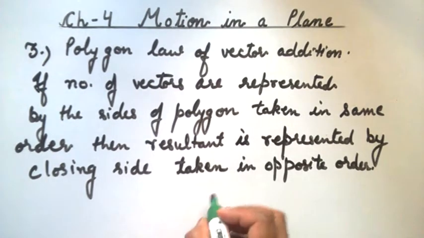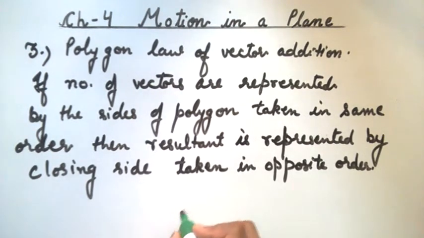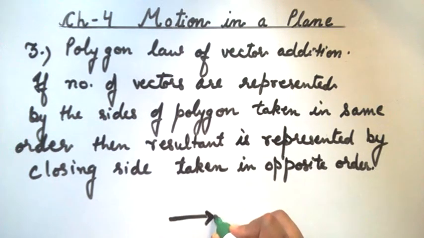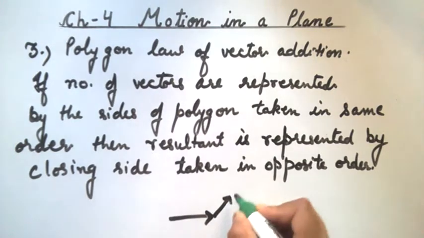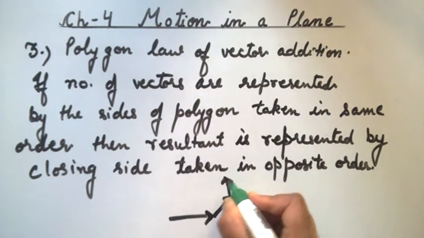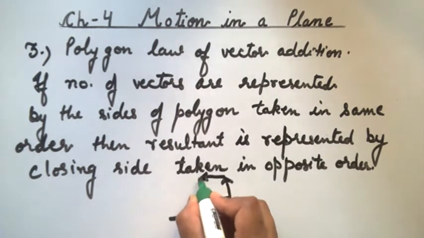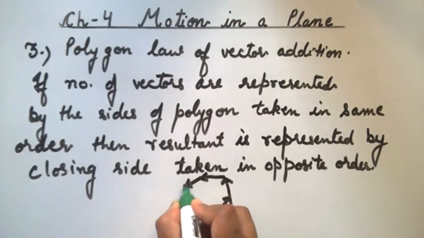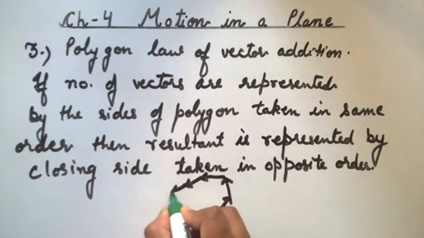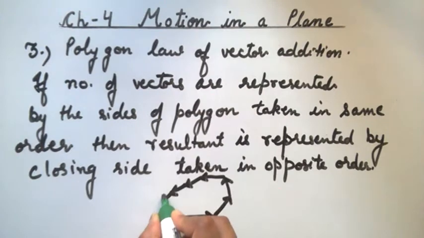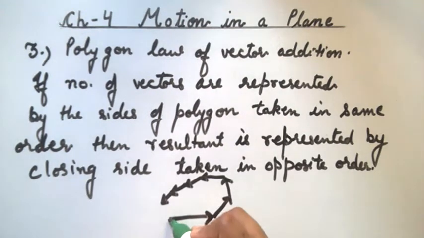That is, if there are a number of vectors, and the total number of vectors is 7, then this is vector 1, 2, 3, 4, 5, 6, 7, all in the same direction, and its resultant is in the opposite direction.